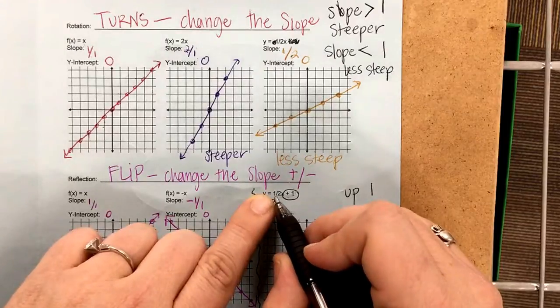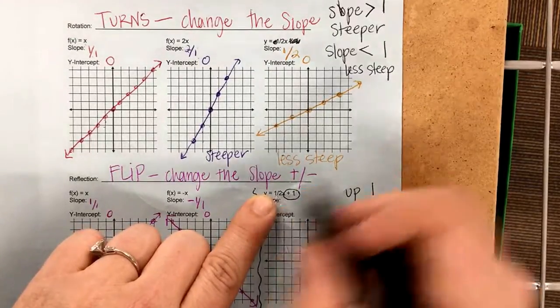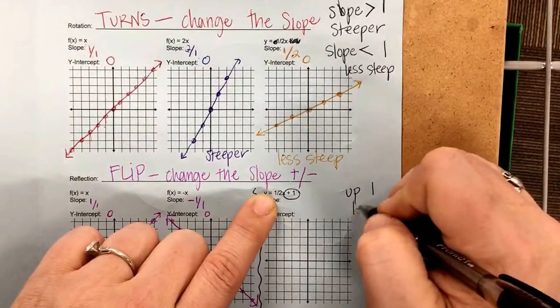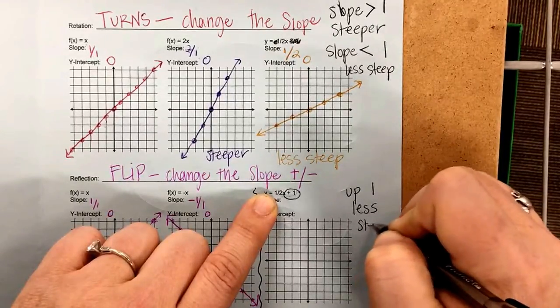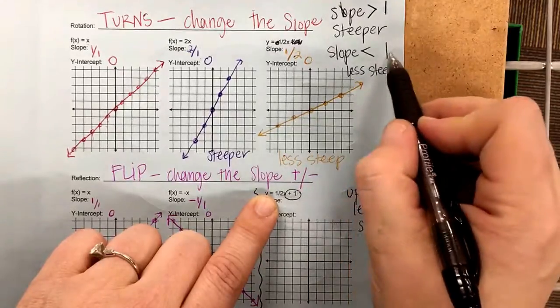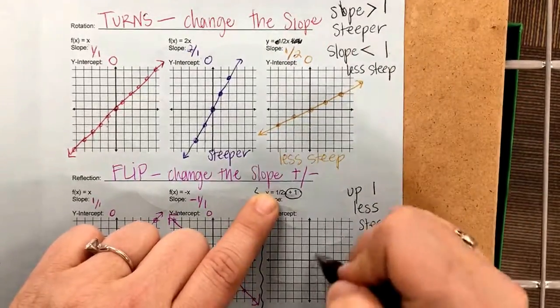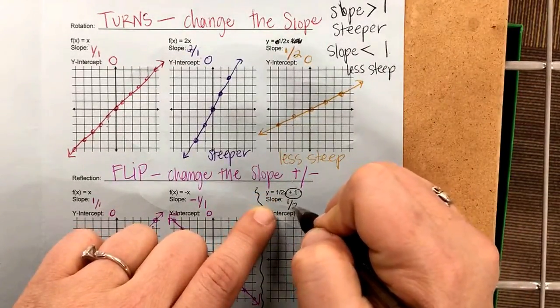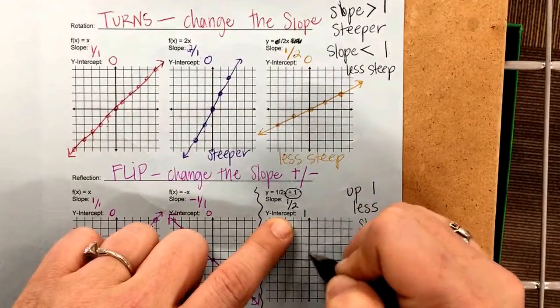So is it going to be steeper or less steep? It's going to be less steep, because 1/2 is less than 1. So let's test it. I go 1 over 2, and my intercept is 1.